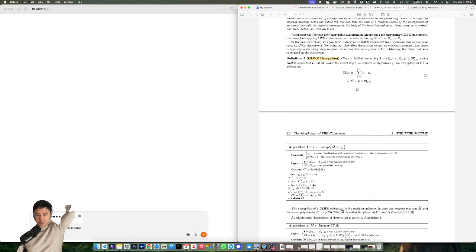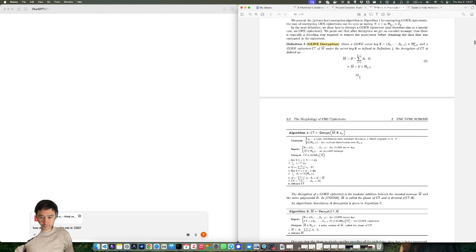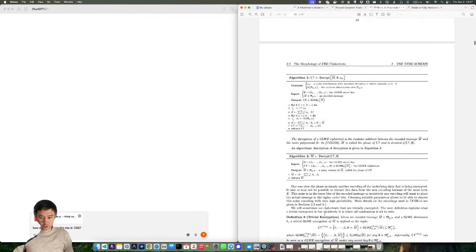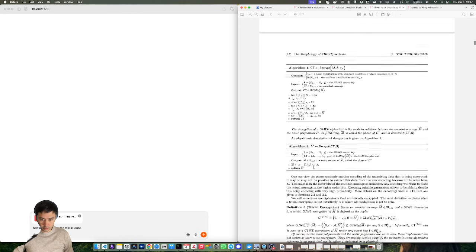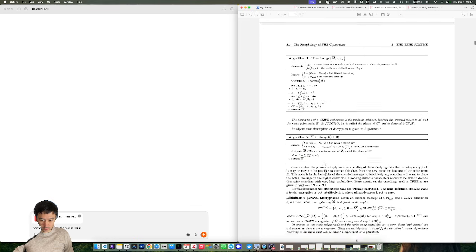So this is the definition, right? This is just the definition of how things work: the body is literally the message plus the error plus the inner product of the secret key and the mask. So sure. Okay, let's just jump to the decryption. Algorithmic, sure. Return M, that's it? That doesn't sound like enough.